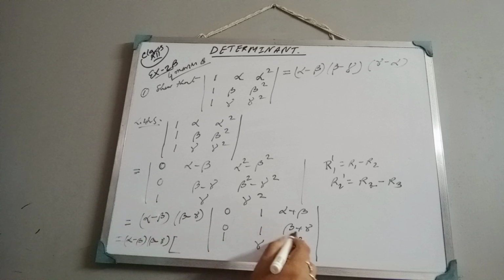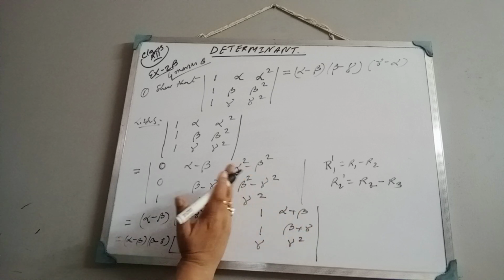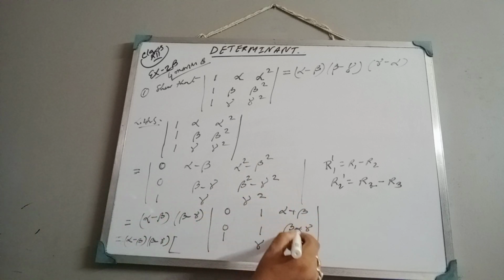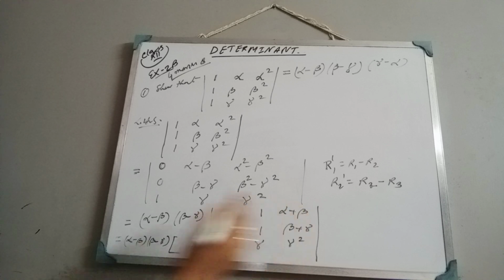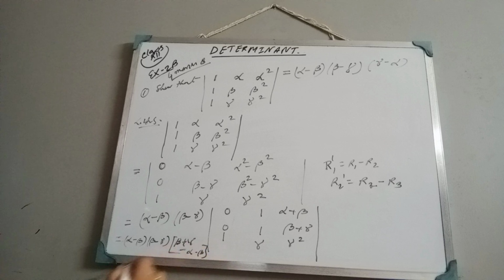Then what we will get? 1 into beta plus gamma. If we delete the third row and the first column, then we will get these elements. So 1 into beta plus gamma minus 1 into alpha plus beta. So beta plus gamma minus alpha minus beta.